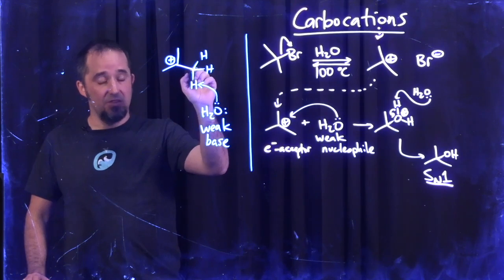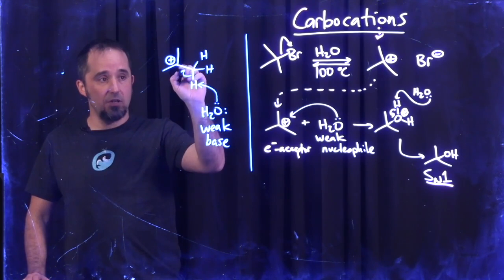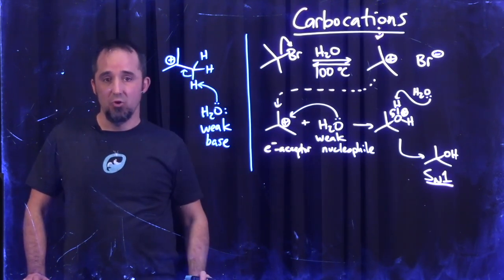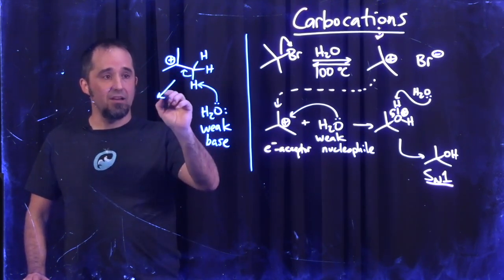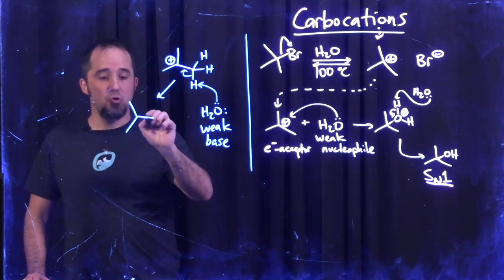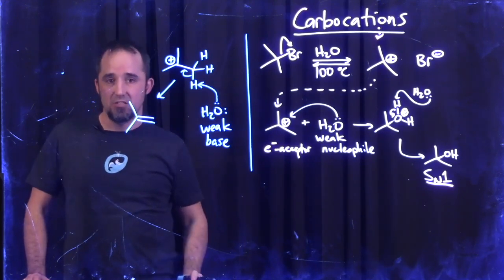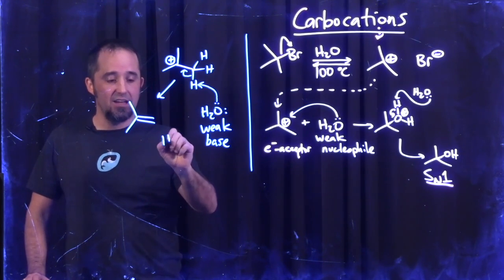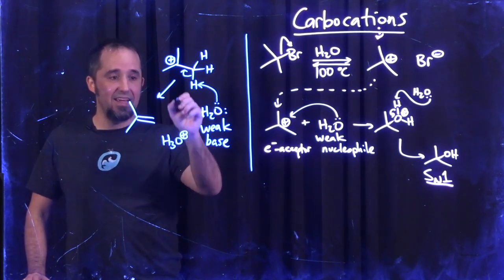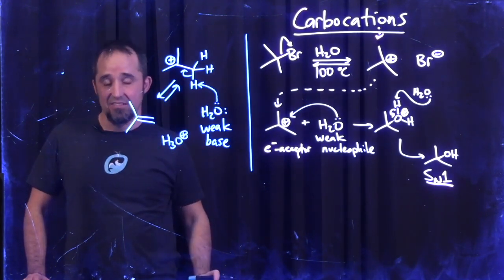The electrons that are holding these atoms together are going to go here to make a new pi bond. So our product looks a lot like the E2 reactions that we talked about earlier. And again, I end up with H3O plus, and that is reversible.